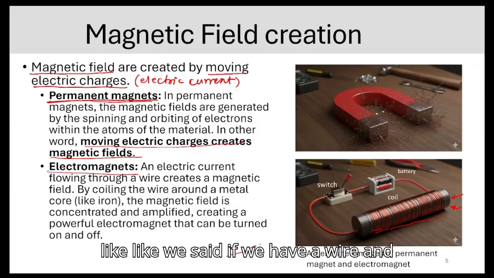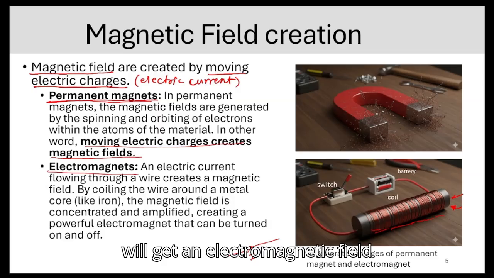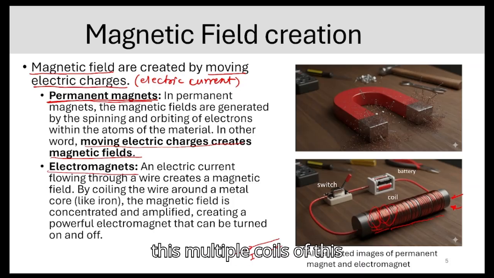Like we said, if we have a wire and there's a current flowing through it, we will get an electromagnetic field around this wire. And if we create a coil of multiple turns of this wire, we will get a strong electromagnet.